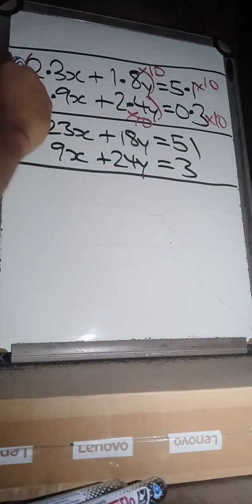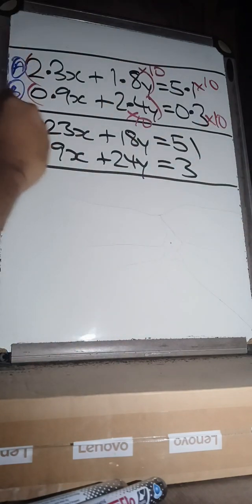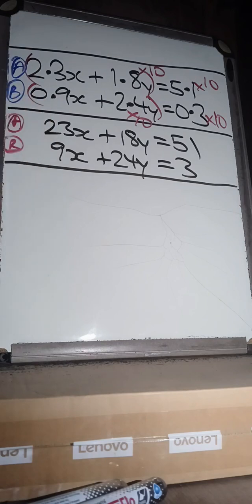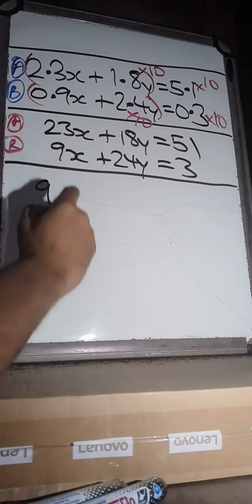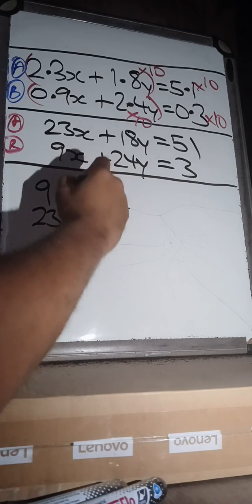Alright, okay. So let's be careful with this now. We'll have to be real careful. The LCM of 9 and 23 is what?